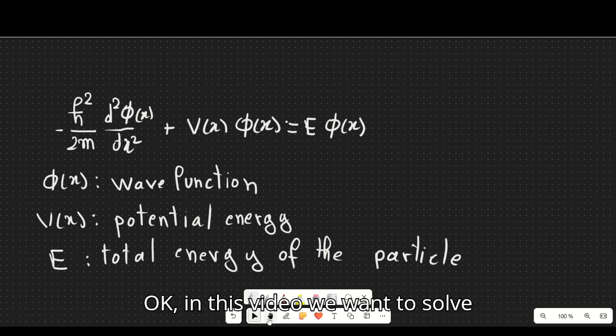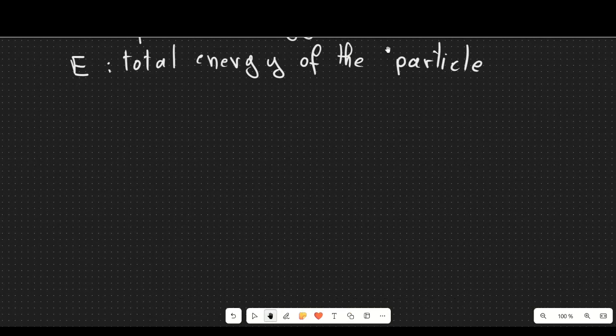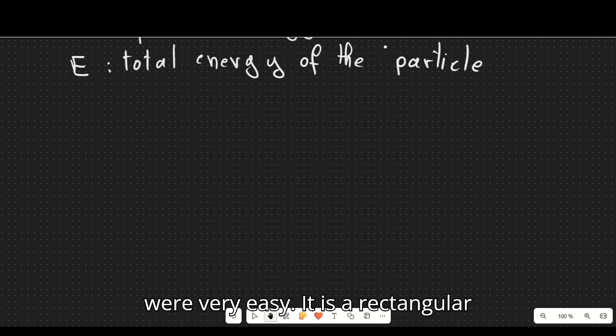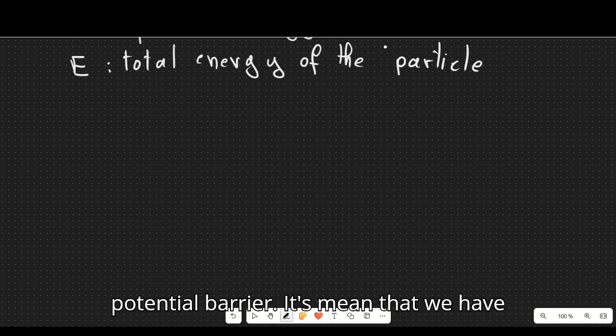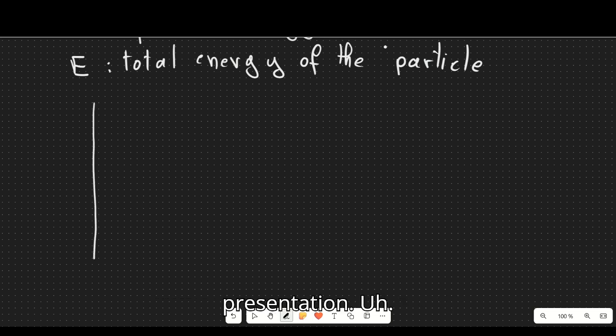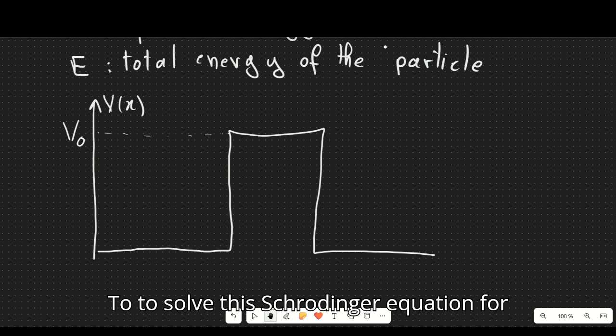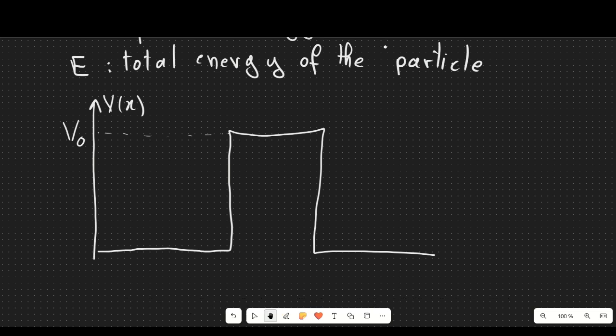Okay, in this video, we want to solve this Schrödinger equation in the case where V(x) is a rectangular potential barrier. It means that we have V(x) like that in the representation. So we want to solve the Schrödinger equation for this kind of potential energy.